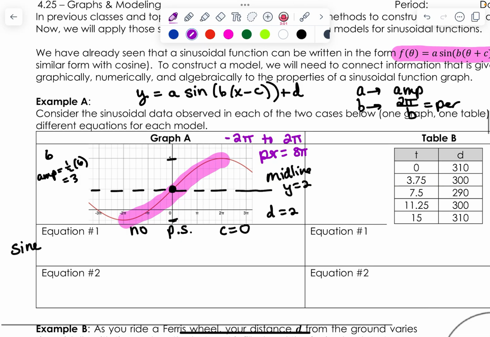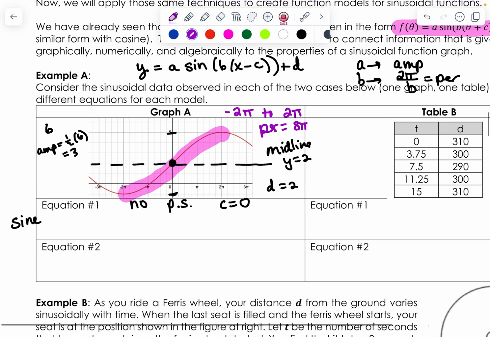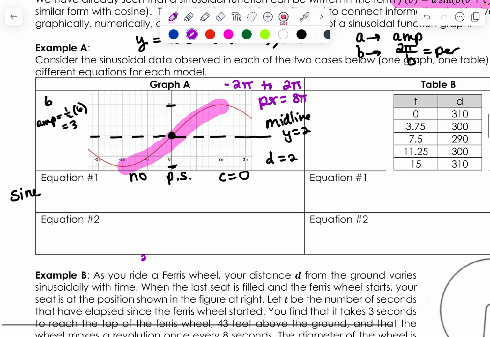So then you take 2 pi over b is equal to 8 pi. So 2 pi is equal to 8 pi b, so b is 1/4. Since this curve goes up, my a value is positive.